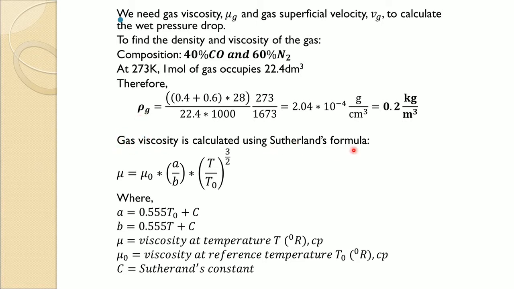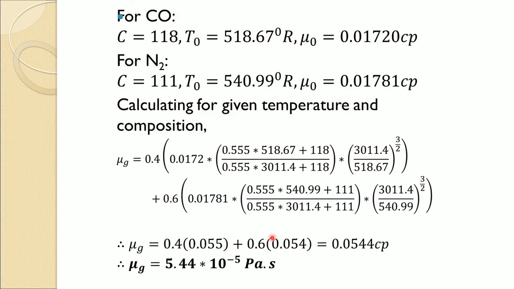What we need is the gas viscosity. Now, the Sutherland formula is actually this for the gases. So, using this formula, A, B are constants, and C is the Sutherland constant, and for these particular gases we can get these values from the books, and then substitute into this equation.